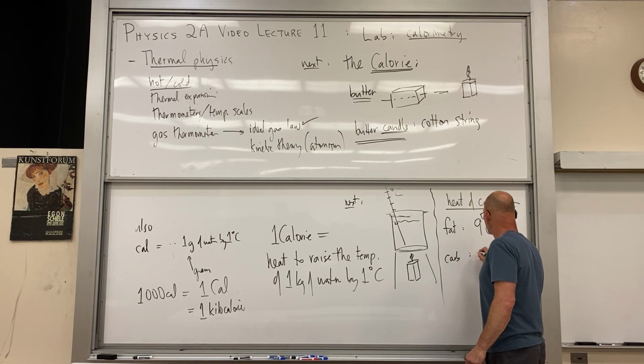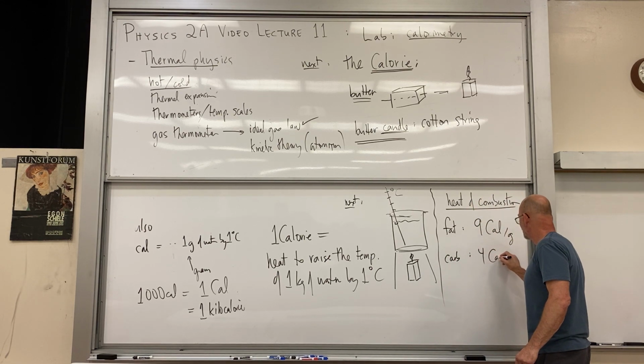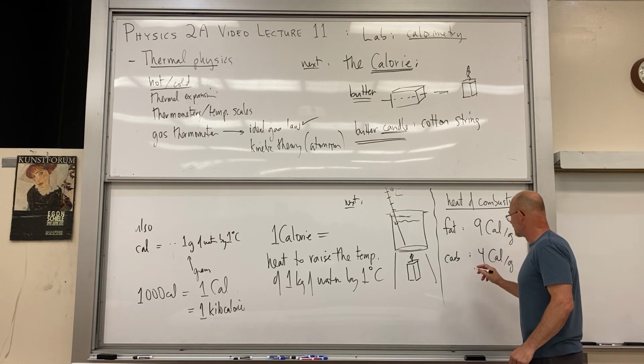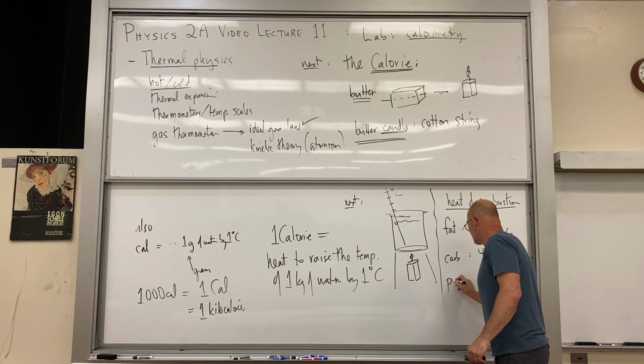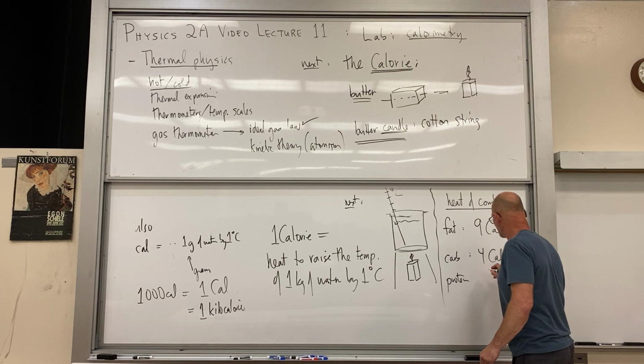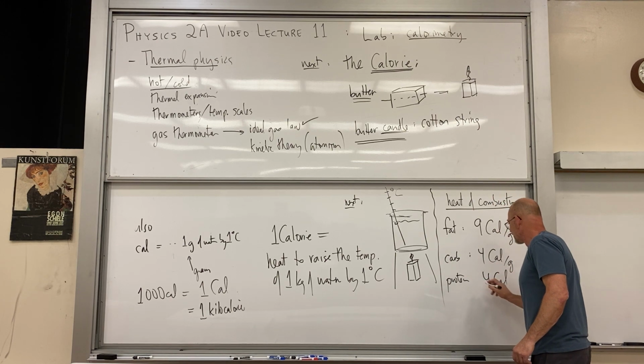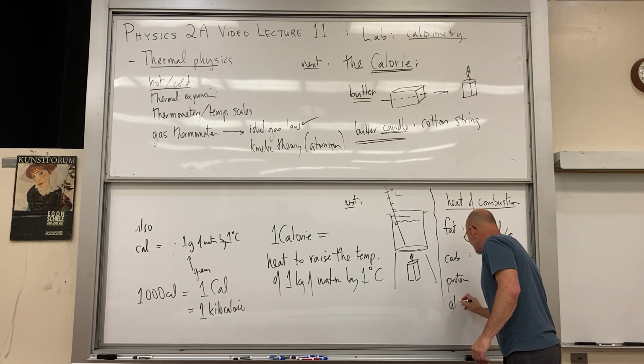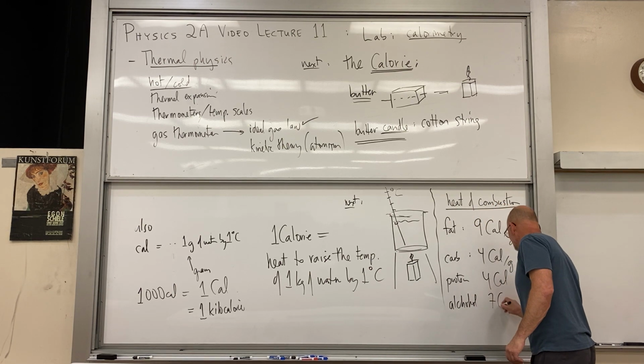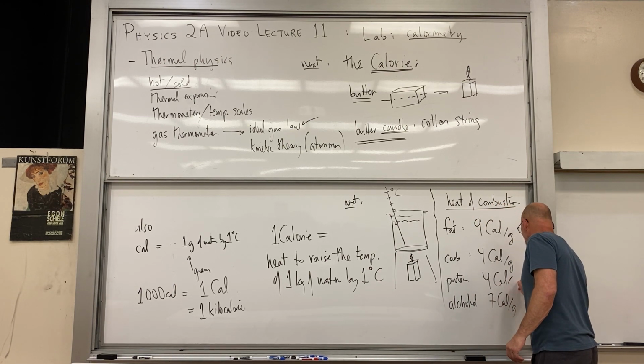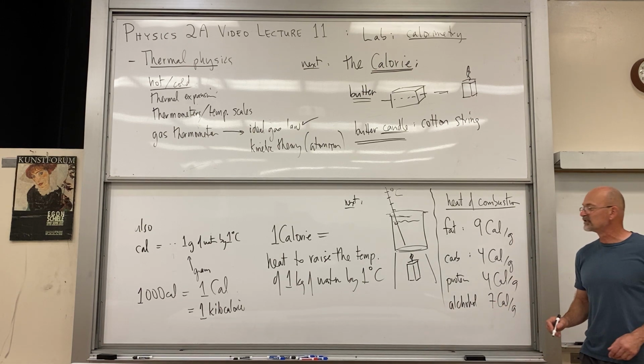Carbohydrate, they will say 4, and protein, that would be also 4, and alcohol has about 7 calories per gram. Okay. So those are heats of combustion.